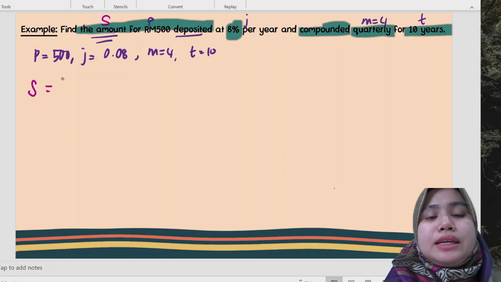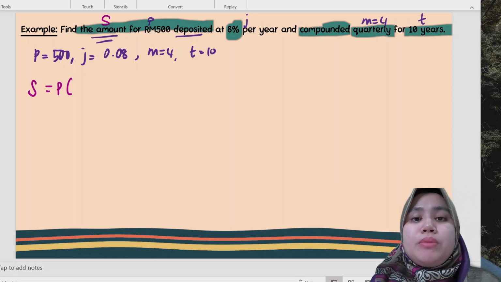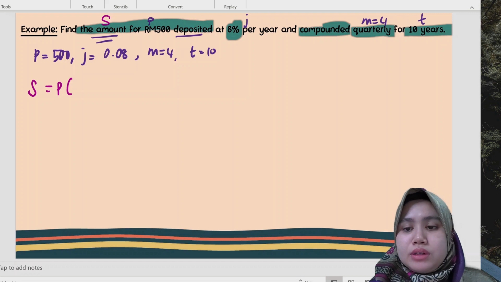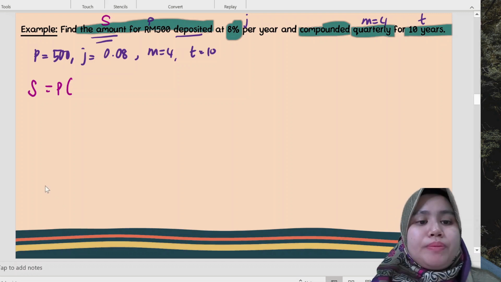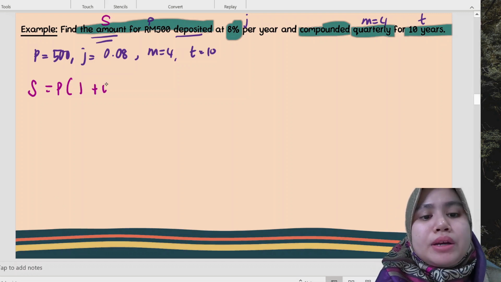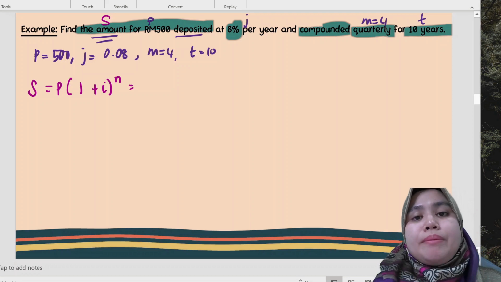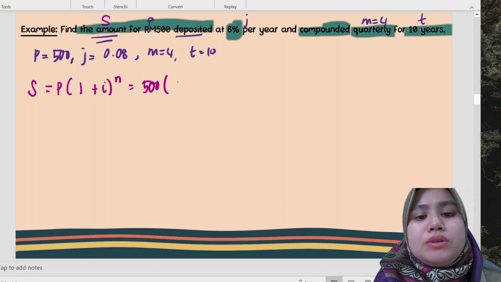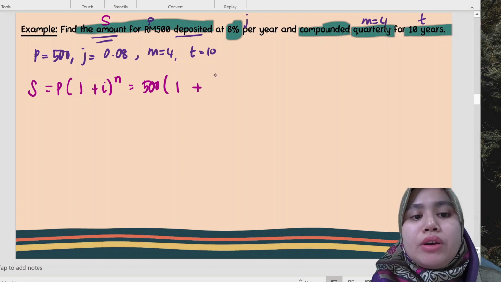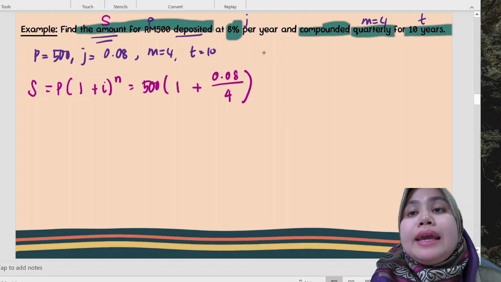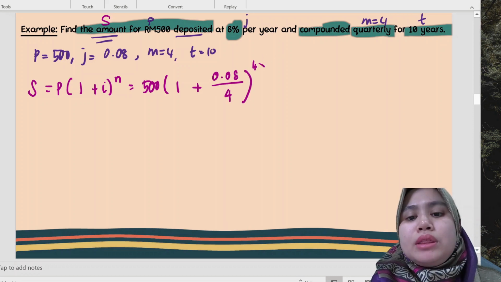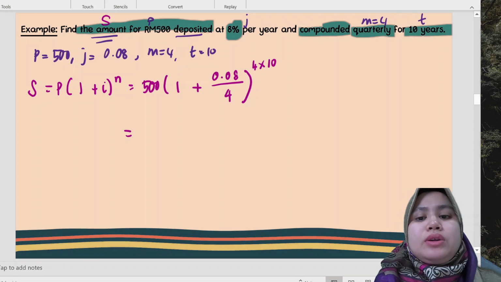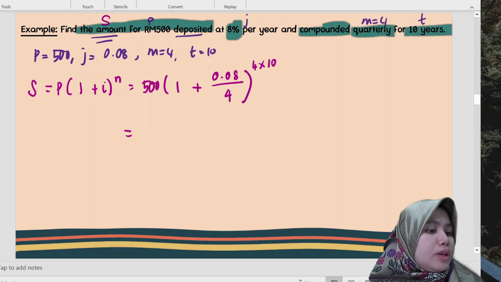So S again, just the same formula from before. S equal to P times (1 plus I) to the power of N. This is compound. So P is 500. I is J over M, 0.08 over 4. N is M multiplied with T. That's how you are going to do it.